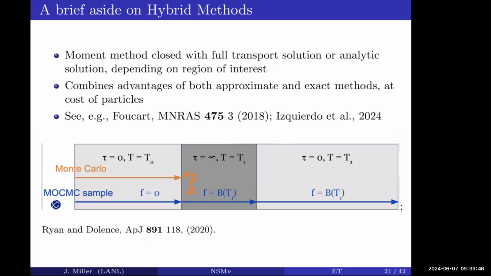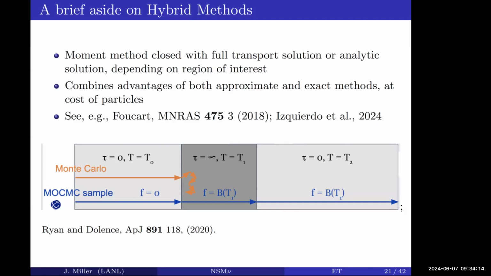Hybrid methods. So this is the thing I mentioned. One way that you can do a hybrid method, for example, the guided moments method put out by Pablo Laguna's group this year, or Francois' original paper in 2018, Ryan and Dolan's in 2020, is that you close a moment method with a real transport solution when needed, but in the limits where you don't need to do transport, you just turn off the transport solution.